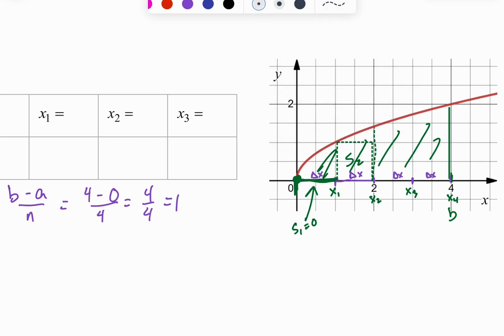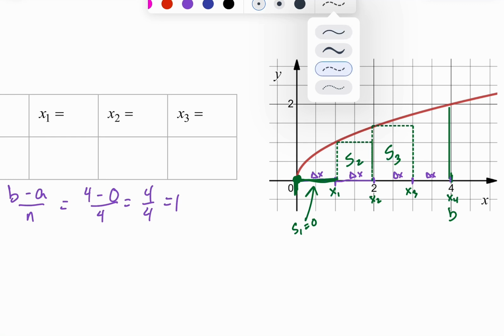So that is right here, and I go up to the curve and over to make that third rectangle. And then my fourth area is, again, I'm finding the left-hand side of the curve. So I go to the left side of that interval, which will be at x3, and find the height of the rectangle as f of x3.